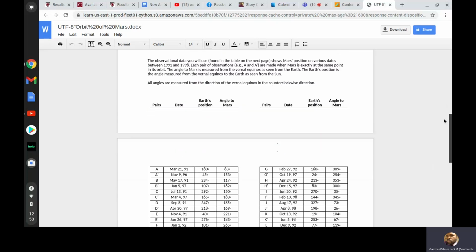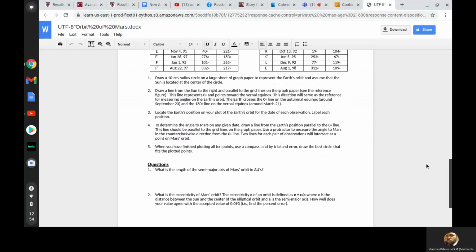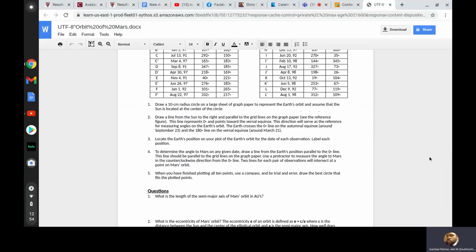But of course, you're going to use your measurements to figure that out. Just remember, in my drawing, 5 centimeters equals 1 astronomical unit. So I can measure the semi-major axis of Mars's orbit in centimeters and then use the ratio we have to solve for it in astronomical units.